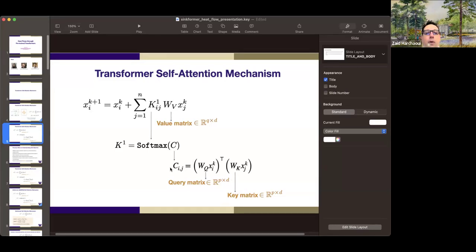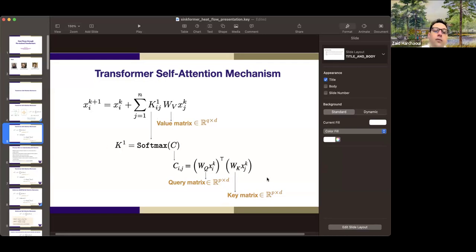We compute this cost matrix, which measures all the pairwise similarities between the xi's and the xj's. And then we perform a softmax so that this matrix is stochastic, but not necessarily doubly stochastic in the original construction of transformers. This is what the self-attention mechanism performs.